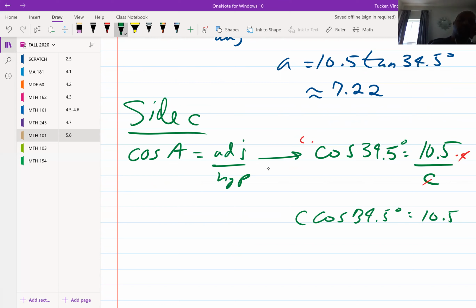So now that's C cosine 34.5 degrees equal to 10.5. Now divide by cosine of 34.5 degrees.